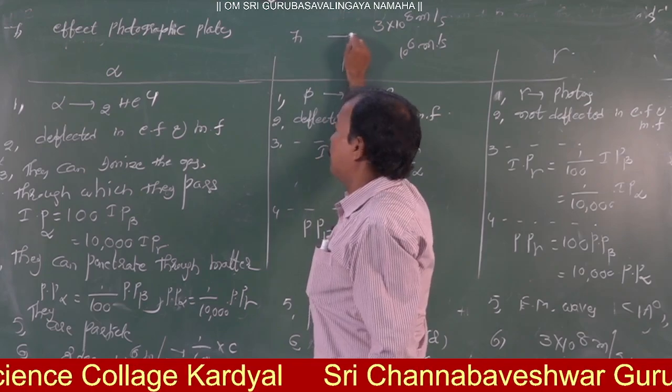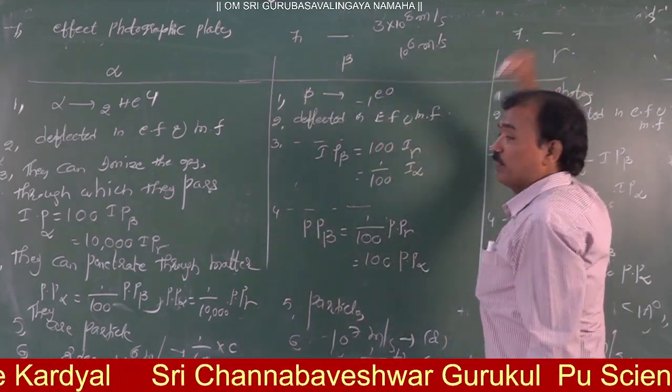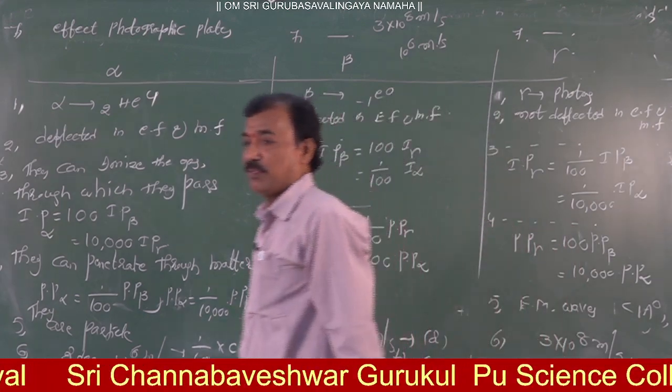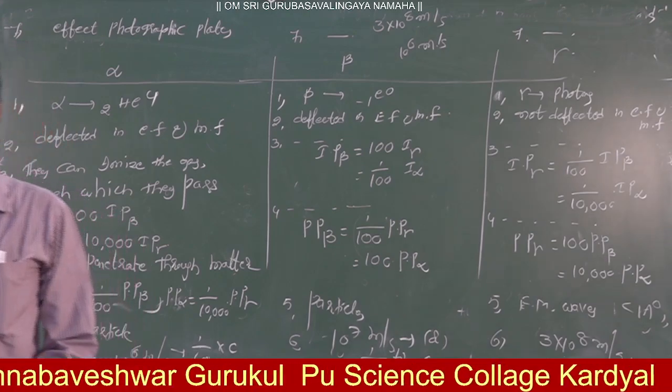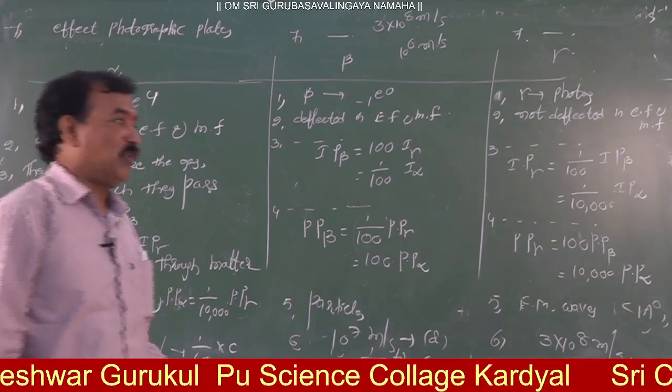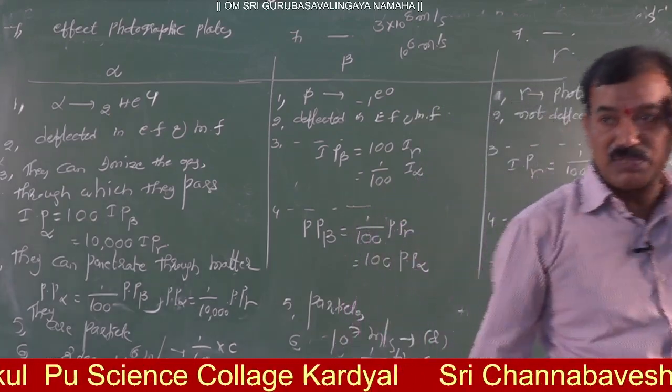The effect on photographic plates is the same. These are the properties of the alpha, beta, gamma rays. So first you have to find out the difference between alpha, beta, gamma rays. Again it is very easy only.